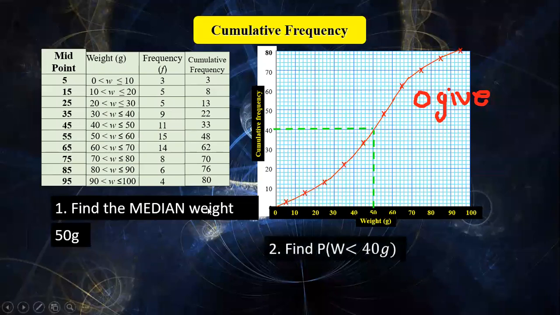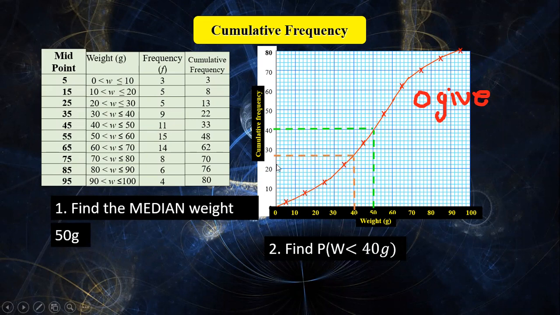And they may ask you to find the probability. Let's say the probability that the weight of the beans is going to be less than 40 grams. Draw a vertical line from 40 grams, go up to the curve and come across from the curve.